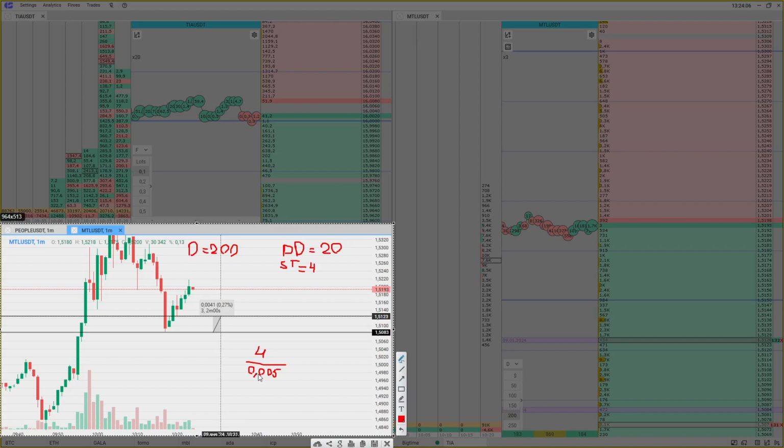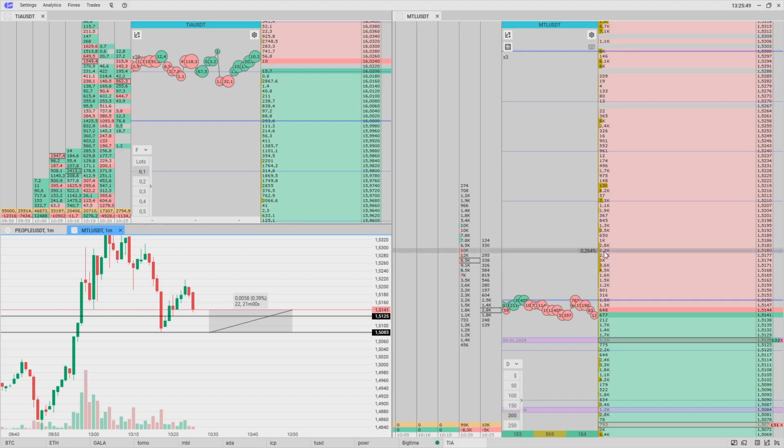To understand whether you're right or not, just multiply this number by 100, and there will be 0.5. That means that we are right. Your entry position will be $400 with leverage, you are placing it here with a stop loss here, and that's all.